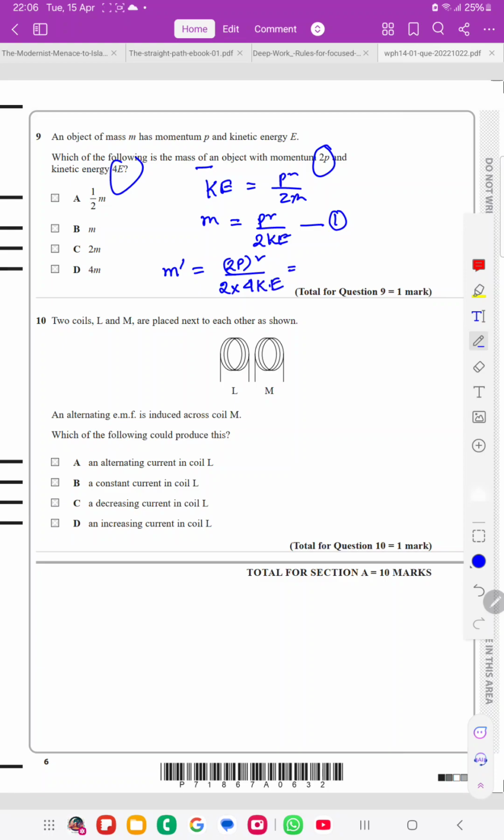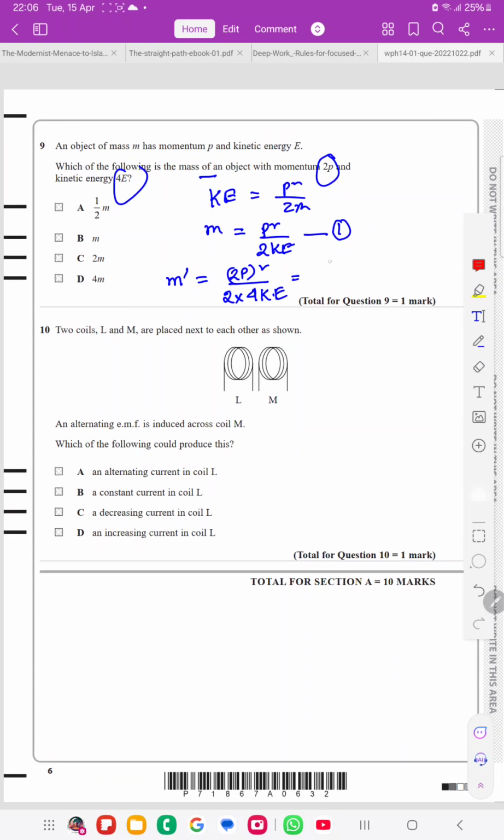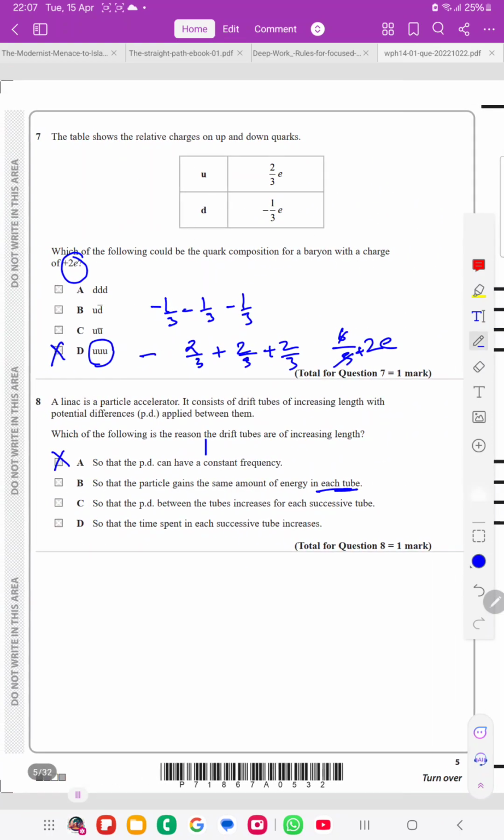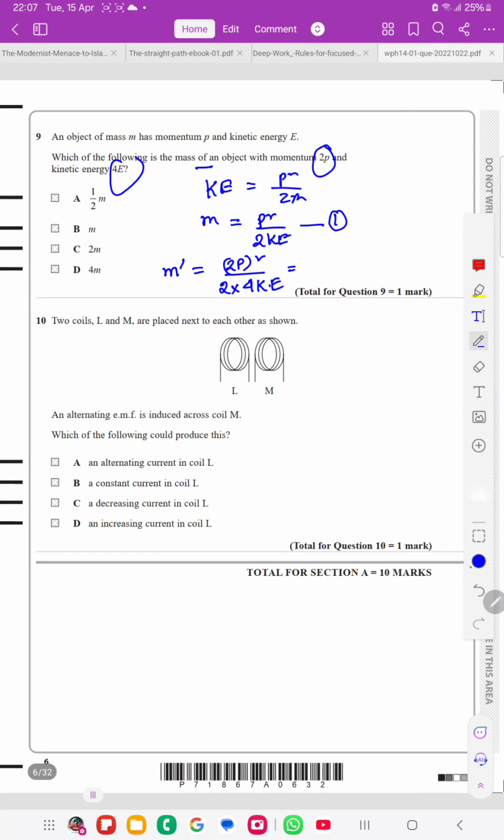So if we keep it like this, we get 4p squared divided by 4 into 2E, right? So the 4 will cancel out, so eventually p squared by 2E is equal to m, right? So therefore we can say here m prime is equal to m, which means the answer here should be the same mass.